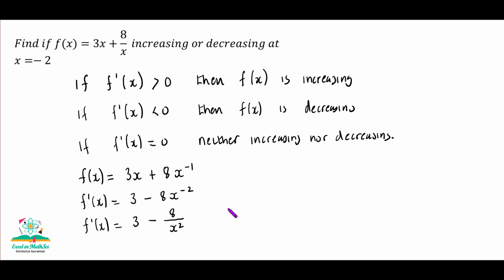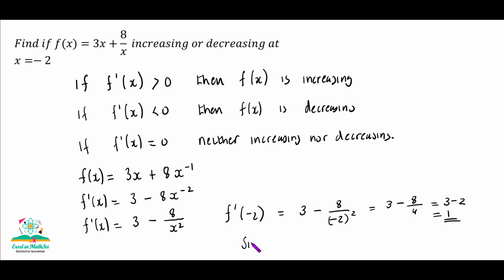So now f dash of minus 2 would be 3 minus 8 over minus 2 all squared. So that would be 3 minus 8 over 4, since the square becomes a positive 4. 8 divided by 4 will be 2, and that will be 1.